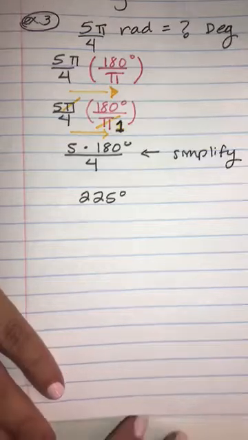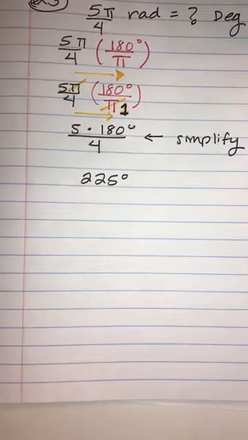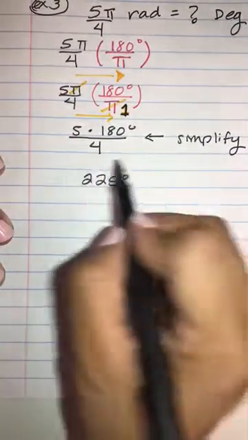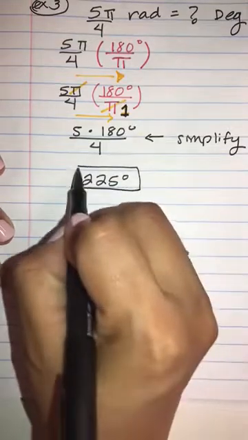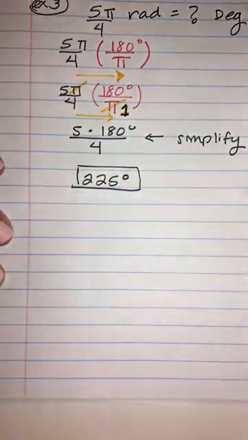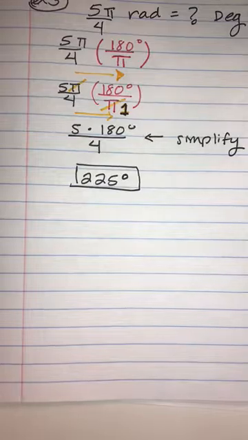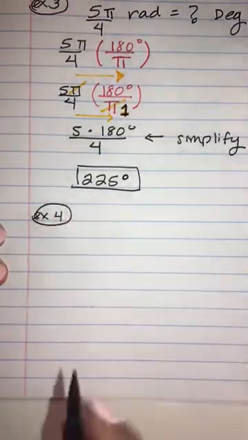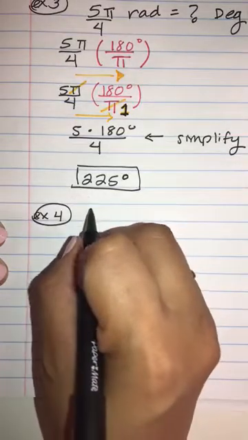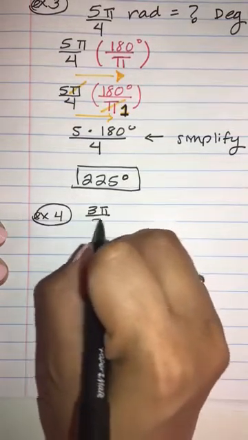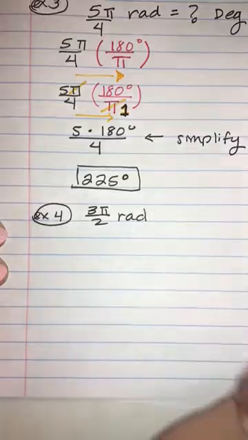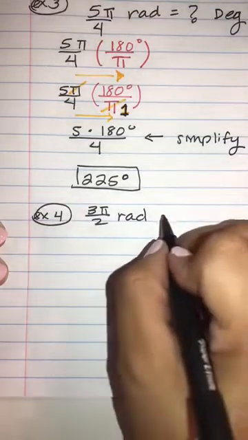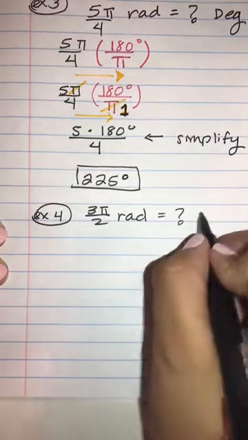Okay, let's look at the fourth example. And you don't need to write out degrees, you just need to have that little symbol right there. So example 4, say you have 3 pi over 2 radians, and I want to know what are the degrees.